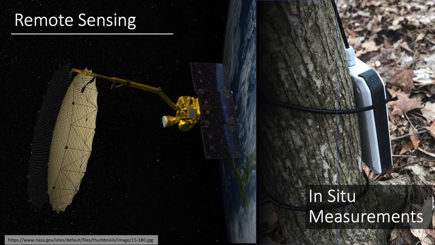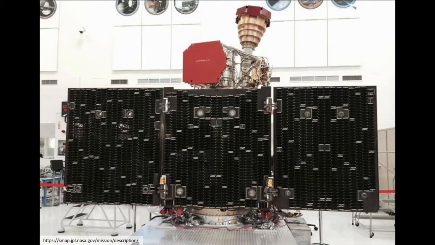All right, so remote sensing, primarily we're going to talk about satellite remote sensing today, and in situ measurements. Here's a picture of the NASA SMAP satellite, which we'll talk about in a second here, before it went into space to measure soil moisture remotely. And SMAP stands for Soil Moisture Active Passive Mission.